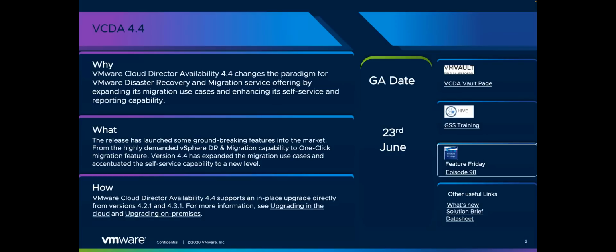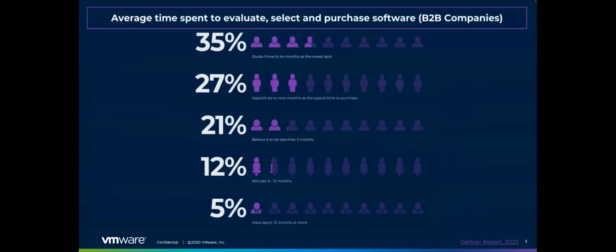Whether you are already using VCDA or planning to use it in the future, the most frequently asked question from prospective cloud providers or end customers is why should they consider VCDA? A recent report published by Gartner indicated that evaluating, selecting, and purchasing B2B software can be a lengthy cycle with an average of 3 to 6 months being the minimal time spent on this process.